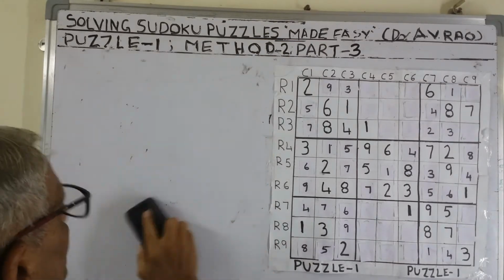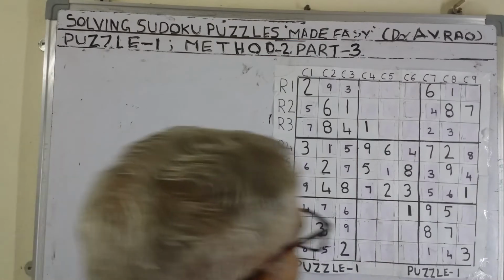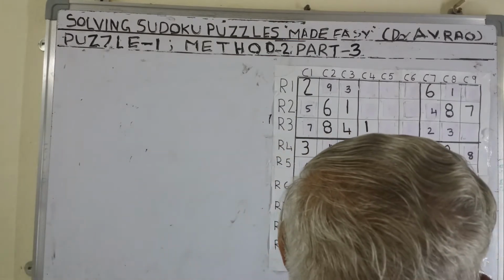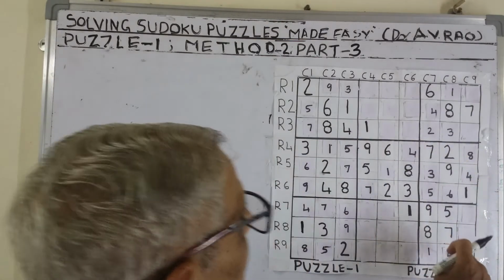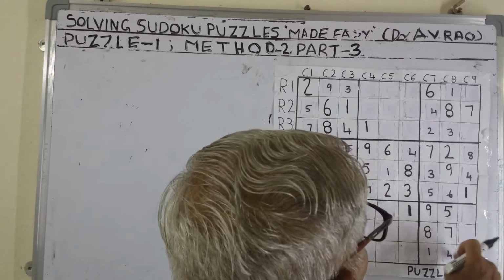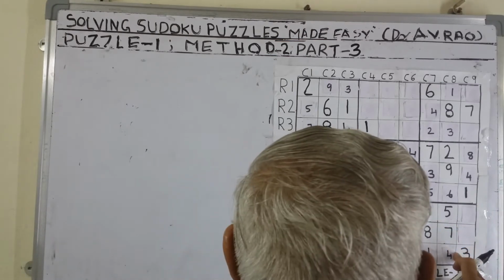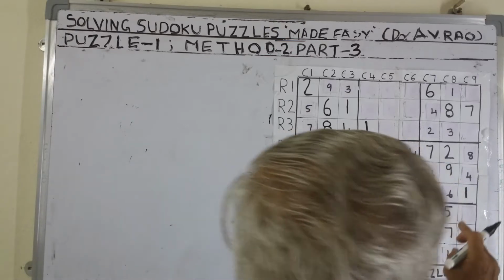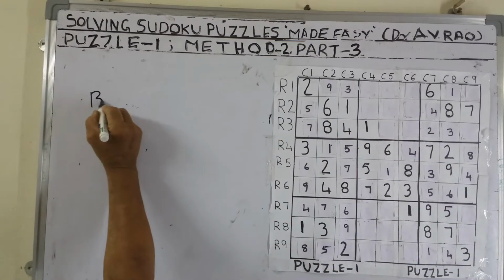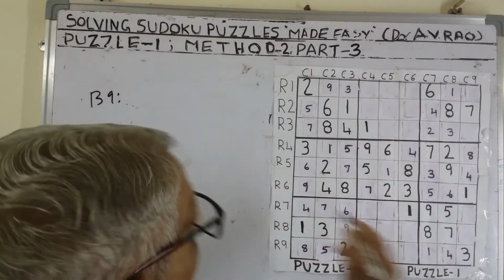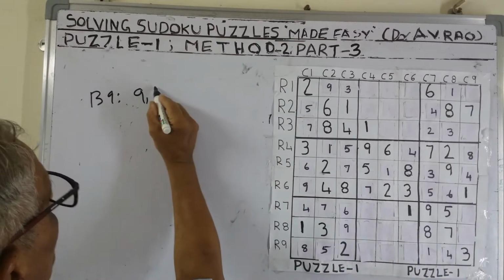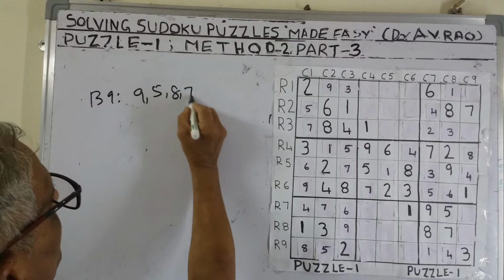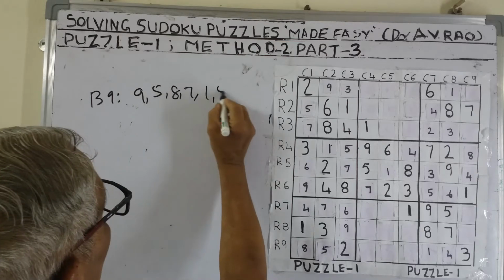Friends, let us see. Now in this box, the maximum number of cells have been filled up. Let us try to fill up the other two cells. So box 9, B9. What are the numbers? 9, 5, 8, 7, 1, 4 and 3.